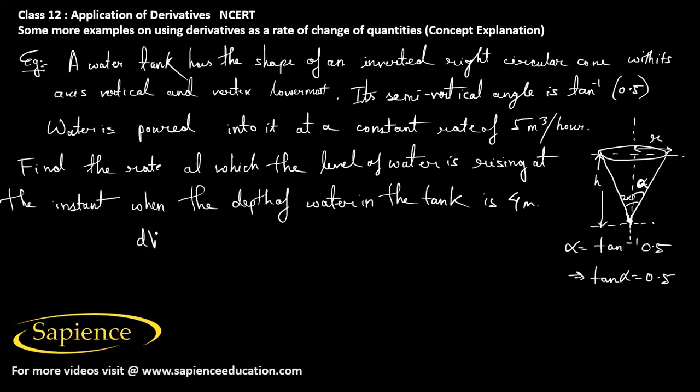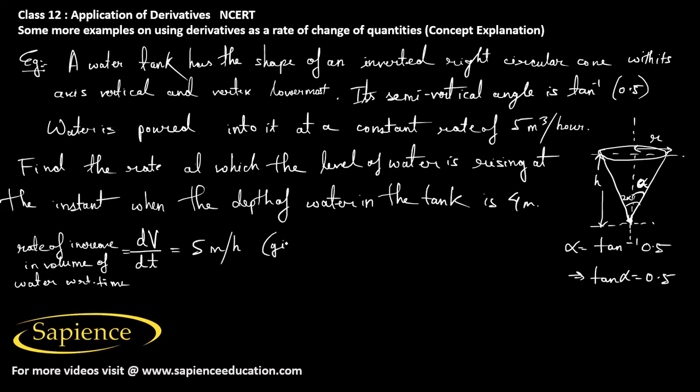So it means that the rate of increase in volume of water with respect to time, that is dV by dt, is equal to 5 meter cube per hour. That is given.